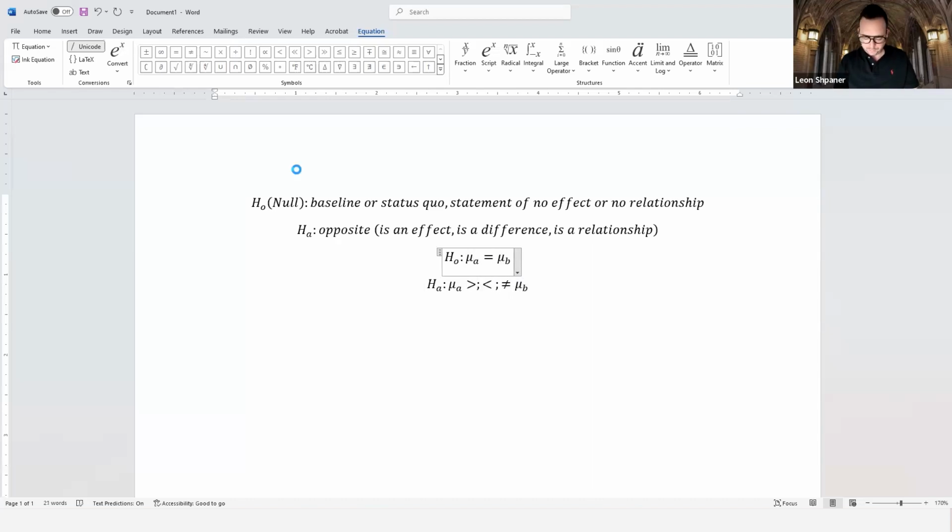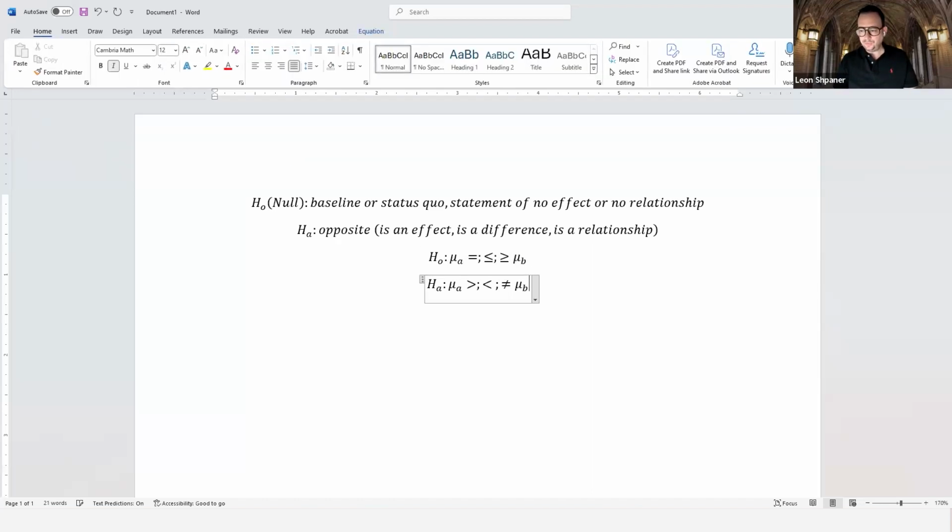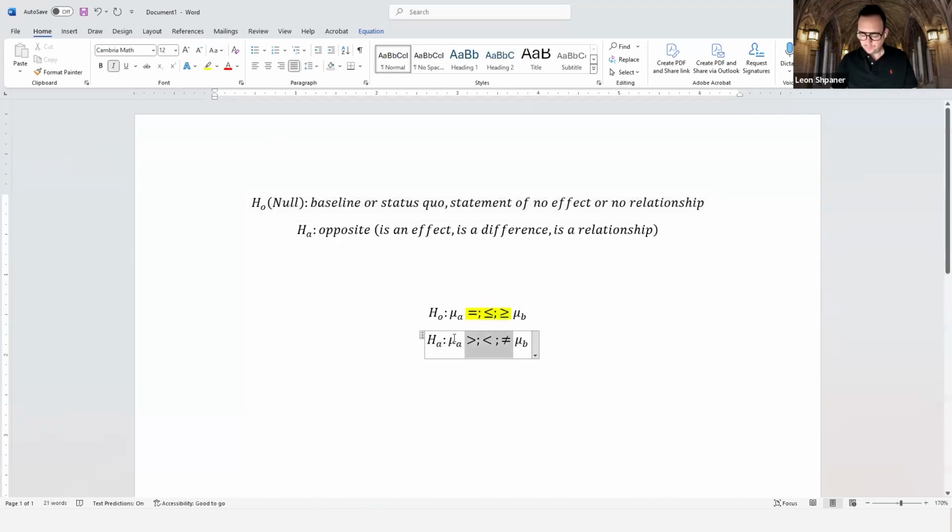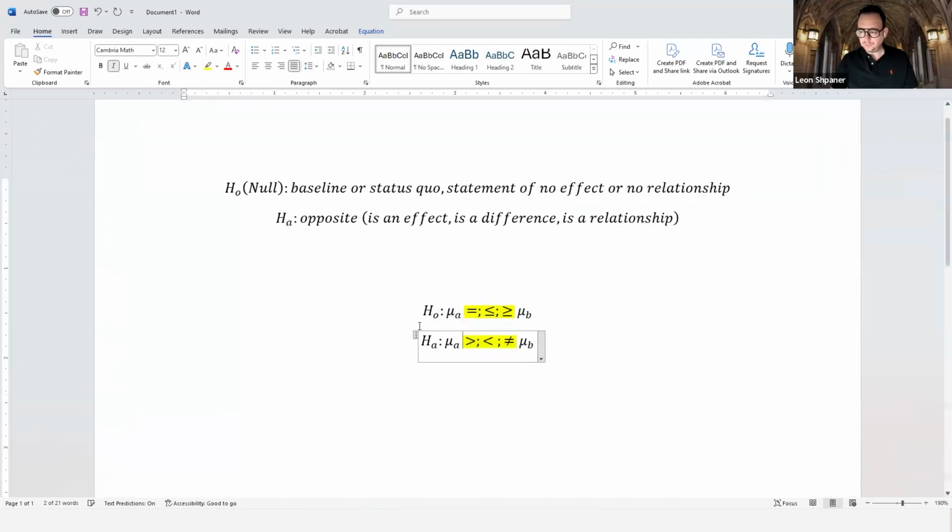In the null hypothesis, you can only use symbols like equals, less than or equal to, or greater than or equal to. Those are the rules. There are no two ways about it. It must be done this way. But you choose which symbol you want to use. These are just the available ones to use here. So far, so good?